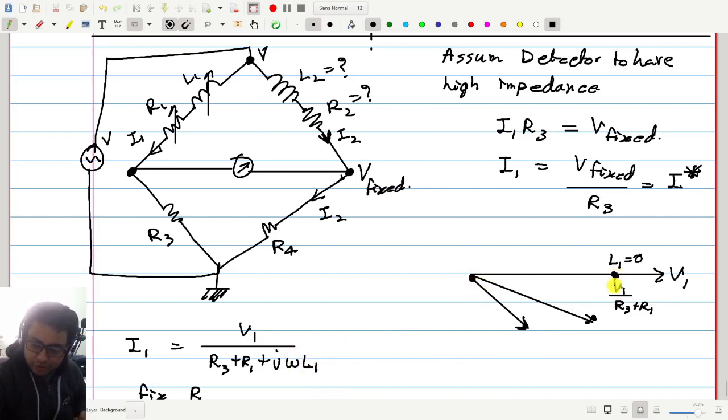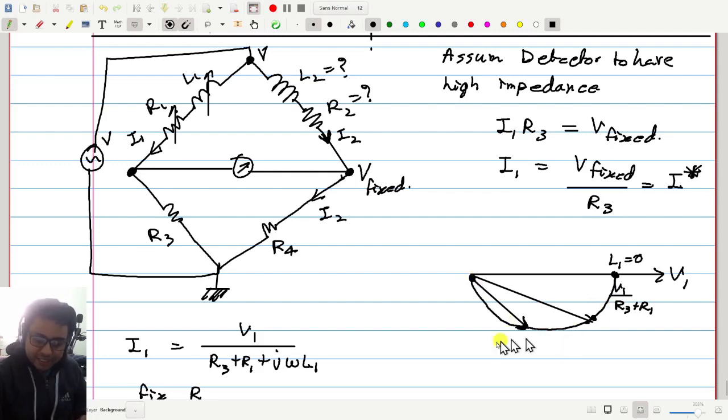So in this way, if you trace the path of the current, it will look like a circle. If you have studied this circle diagram in your machine class, then you already know that. Otherwise, no problem. I'm just saying that as you change L1, keeping the resistance fixed, you will move along a circular path on the phasor diagram.